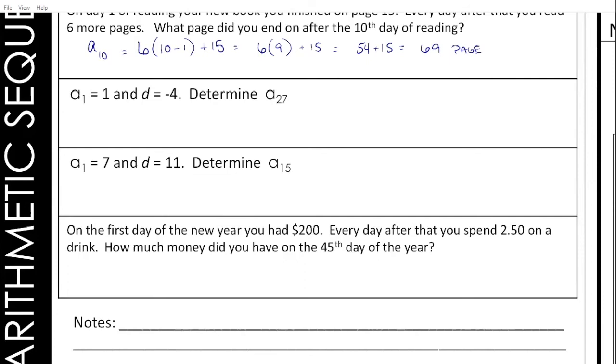So the common difference is 250. But we are spending 250. We are not saving 250. So that common difference is actually a negative. So a_45, the common difference of negative 250. 45 is our n. And because we started with 200, we have 200 in our formula. Okay. So negative 250 times 44.